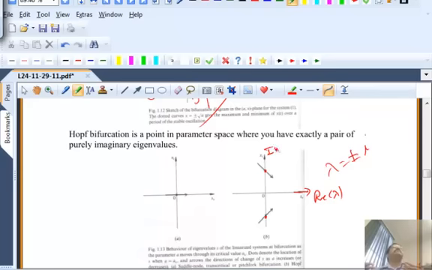As the parameter a changes, when the parameter a is negative, you have two eigenvalues here. As you keep the parameter going to 0, these are the paths of the eigenvalues as the parameter changes. At a equal to 0, the eigenvalues cross the imaginary axis, meaning they have only purely imaginary values.